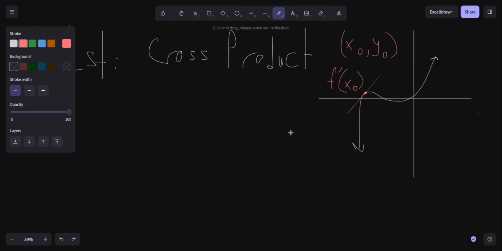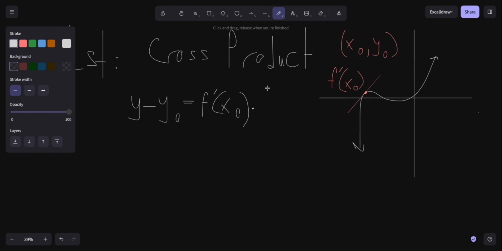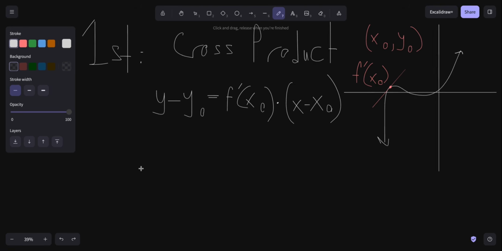So to find the equation of the line, you use point-slope form. That's what this is derived from. So this is y minus y0 is equal to our slope m, or in this case f prime of x0, multiplied by x minus x0. And then to find the equation of the tangent line, just move this y0 to the other side, and you get your answer.